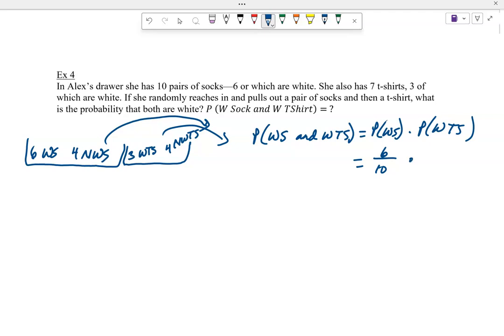White t-shirt, well, there's 3 white t-shirts, and I'm guaranteed to pull from one of those 7 t-shirts, right? So 3 out of 7. And so you've got 9 out of 35? Because that's 3 over 5, right? 9 out of 35. That's the probability of that occurring.